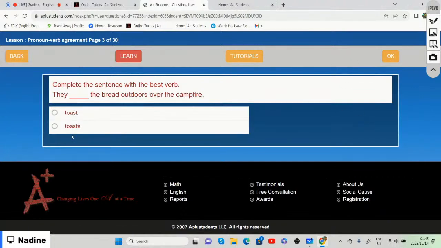Now we say they toast the bread outdoors over the campfire or they toasts the bread outdoors over the campfire. Which one will we use? They toast the bread or they toasts the bread?